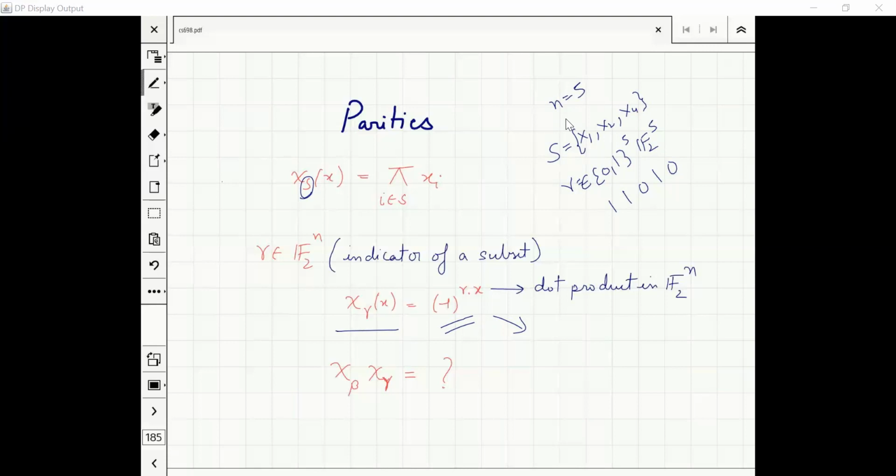When it is 0 it should correspond to 1, and 1 should correspond to -1, and then I should take the product. That is the parity over i in S of xi. Now each xi, I have changed it by gamma xi.